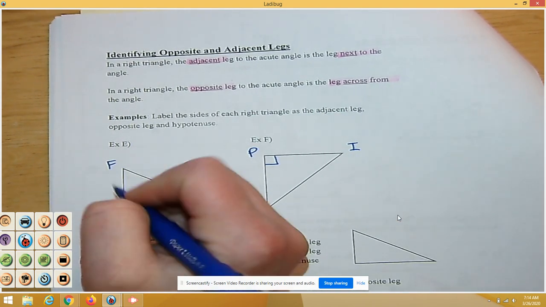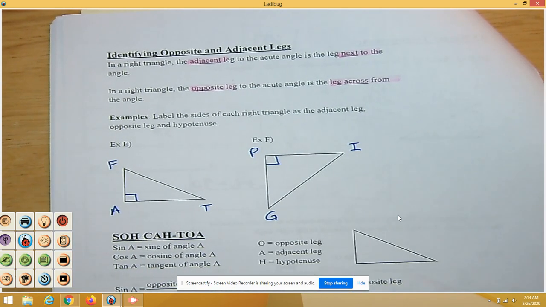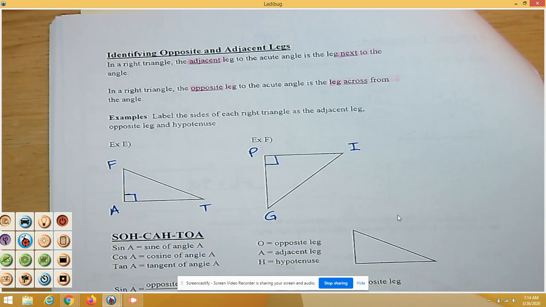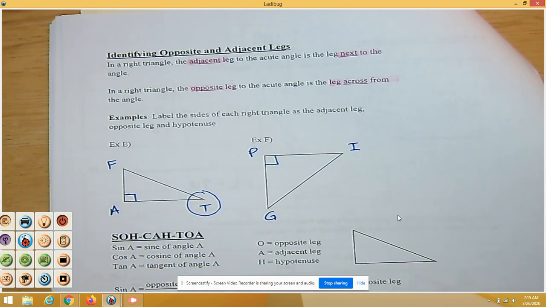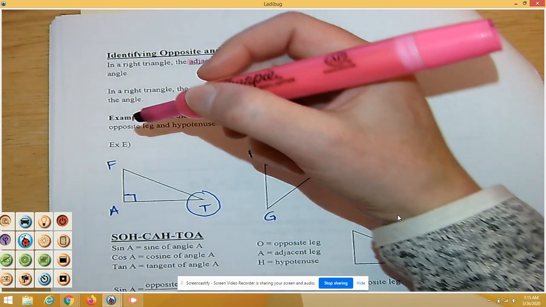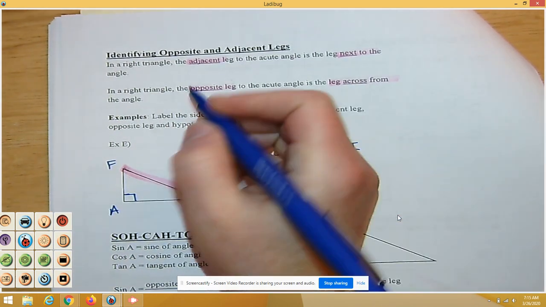Okay, so what I'm going to look at now is we're going to label each side of the right triangle as the adjacent leg, opposite leg, and hypotenuse. So you're going to pick your reference angle. This time I'm going to pick angle T, for example E. And remember, we're going to highlight our hypotenuse. So this is my hypotenuse.